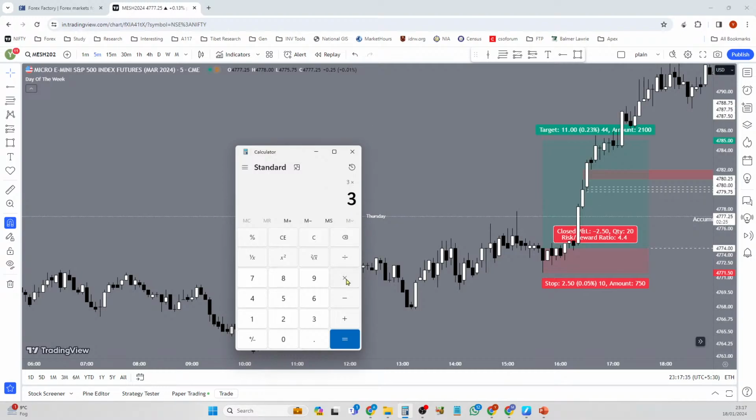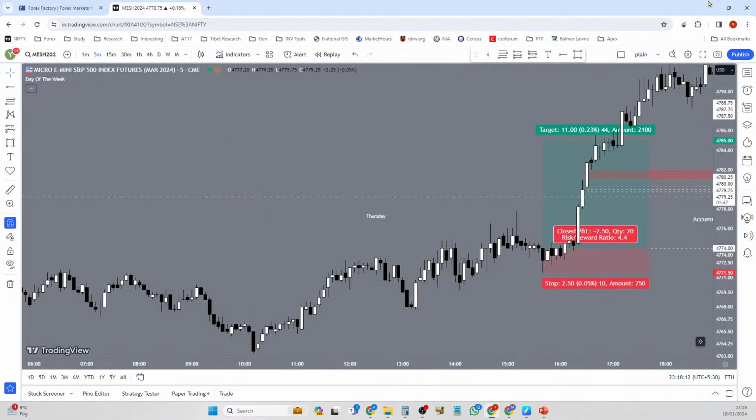Basically, 3 points times the number of contracts times the contract size, which is $5. If you have bought two contracts, then you multiply it by two. So you have lost $30 by the price going below if you had bought two contracts. But if you had just bought one contract, it would have been a $15 loss. So that's how the profit or loss is calculated in trading index futures.